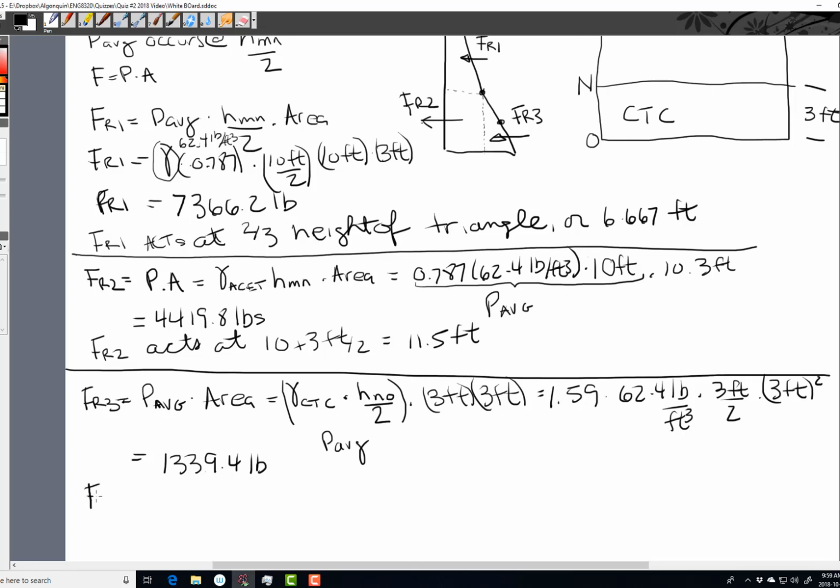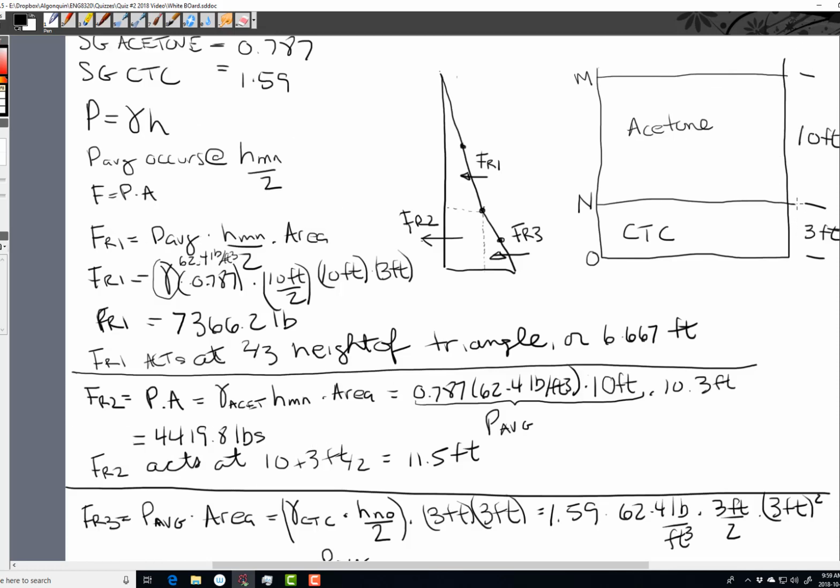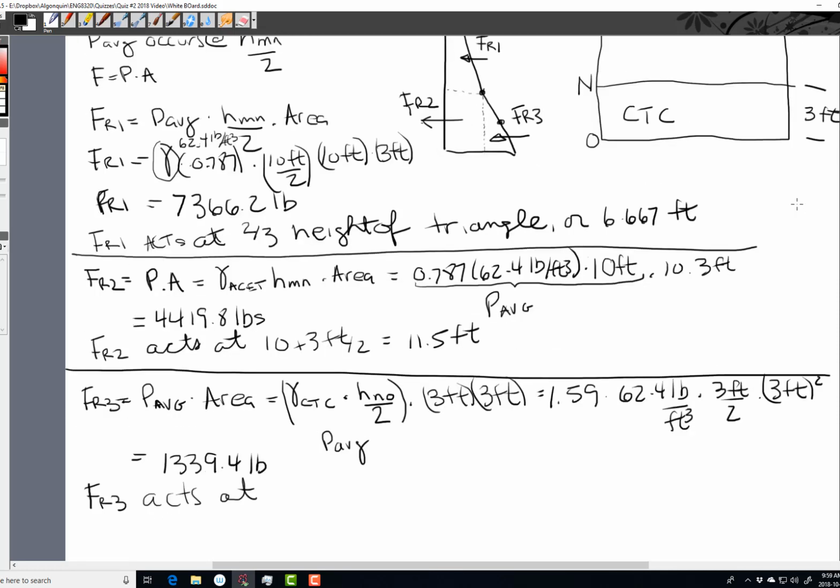Now we need to consider, where does FR3 act? Since we're looking at a triangle, it's going to act at 2/3 of the height of the triangle. So FR3 acts at, recall, 10 feet plus 2/3 of 3 feet, so this equals 12 feet.